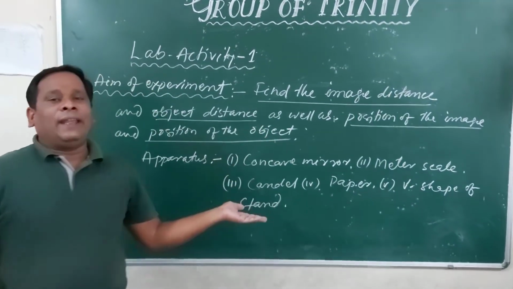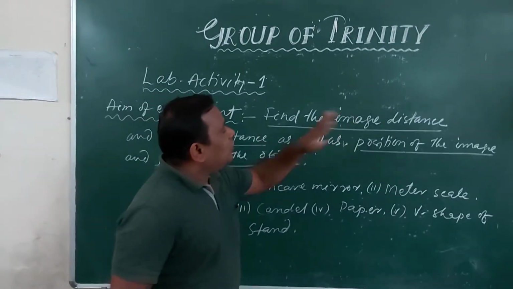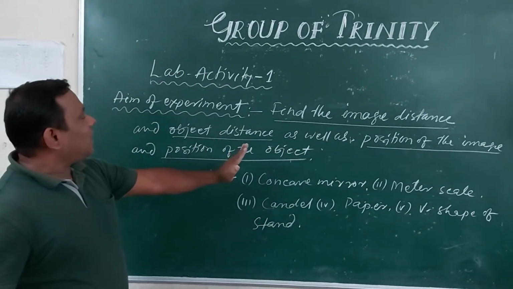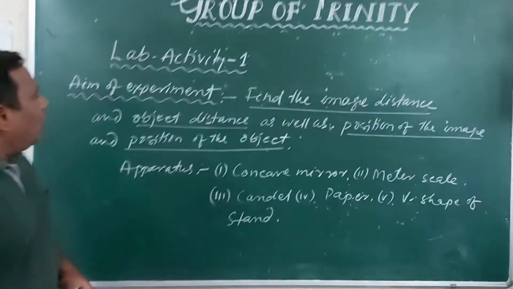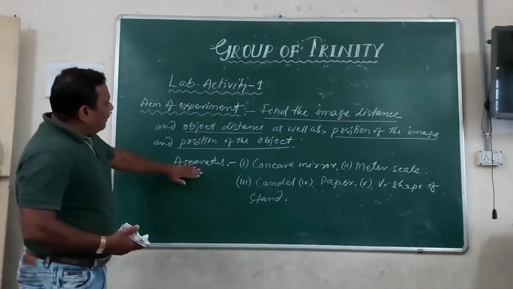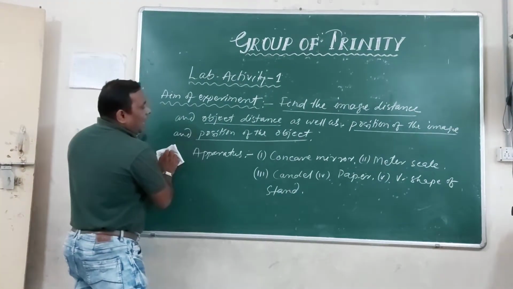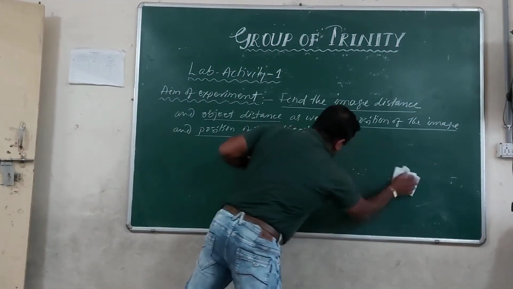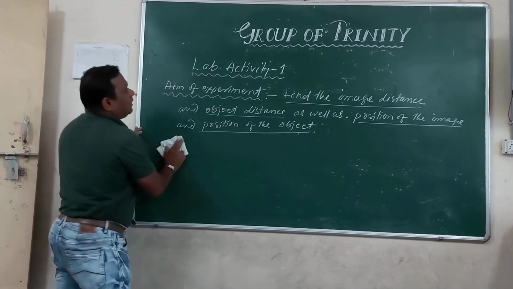Then you can easily find the image distance, object distance, as well as the position of the image and the position of the object, right? Then children, we have to arrange these apparatus properly, and how we can arrange them properly, let us see now, right?